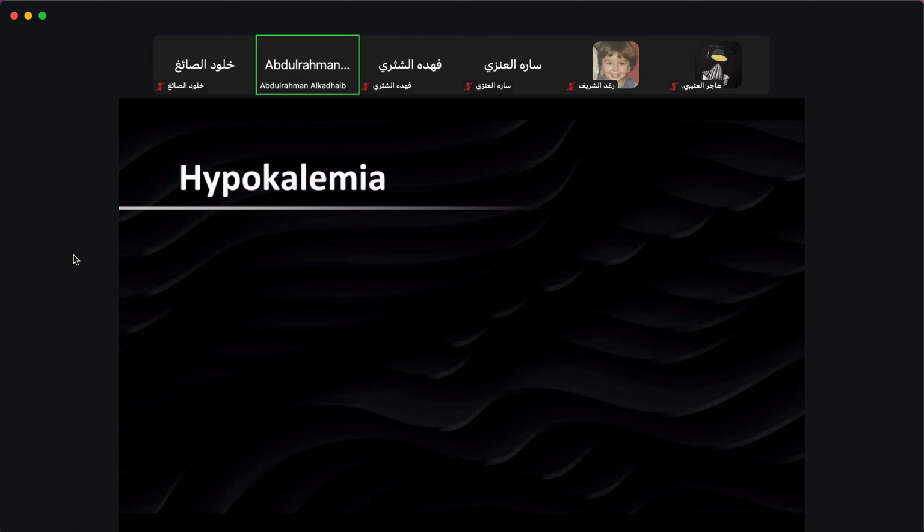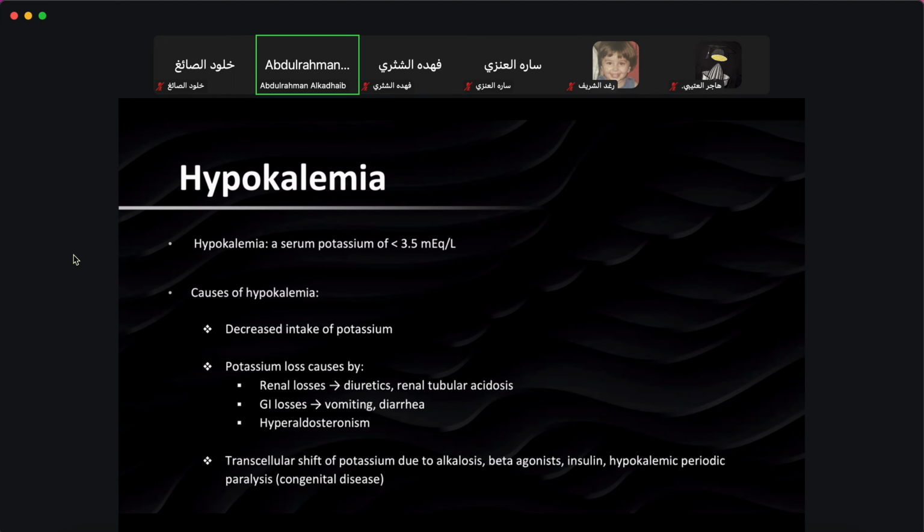So we'll move on to the other potassium disorder, which is hypokalemia. Basically, it's defined as a potassium level of less than 3.5 milliequivalents per liter. There are so many causes of hypokalemia. They may include GI losses like vomiting or diarrhea, and renal losses such as diuresis or use of diuretics.